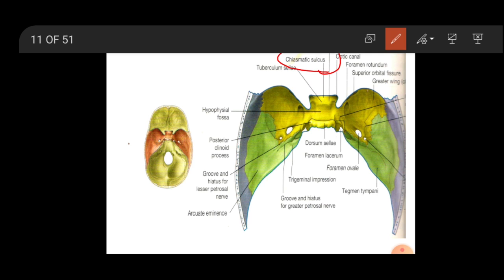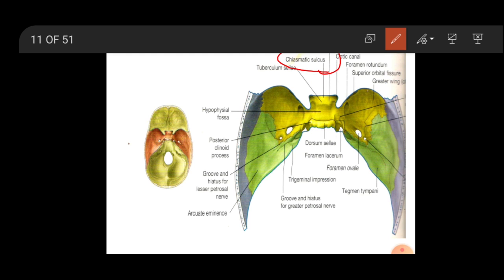You see the body of the sphenoid in the anterior cranial fossa. Just behind that, in the middle cranial fossa, you see the sulcus chiasmaticus, which leads to the optic canal. And then behind that you have the body of the sphenoid.